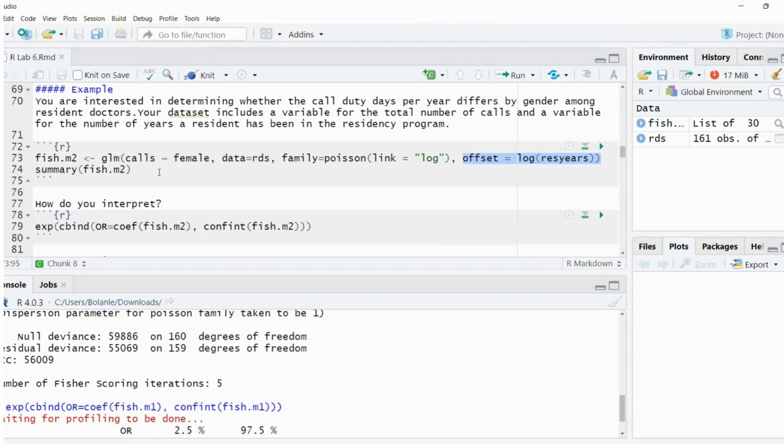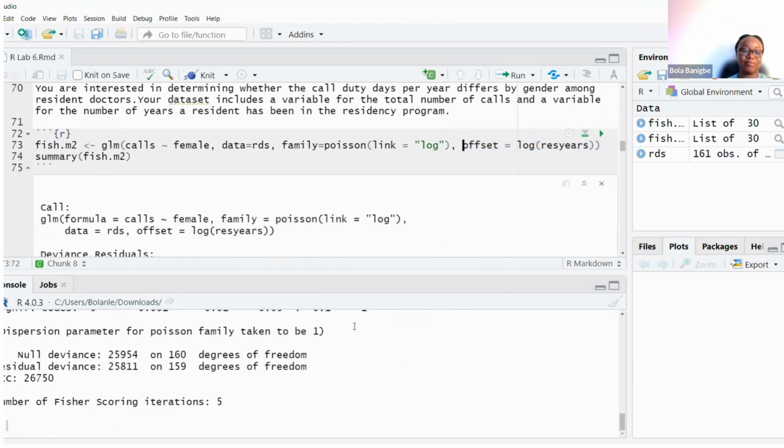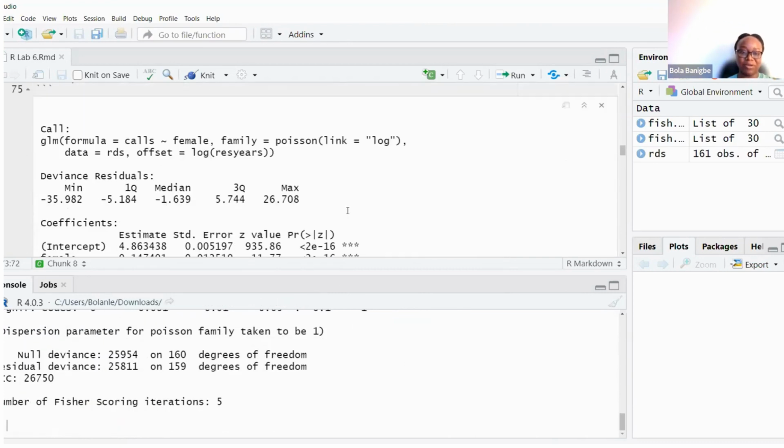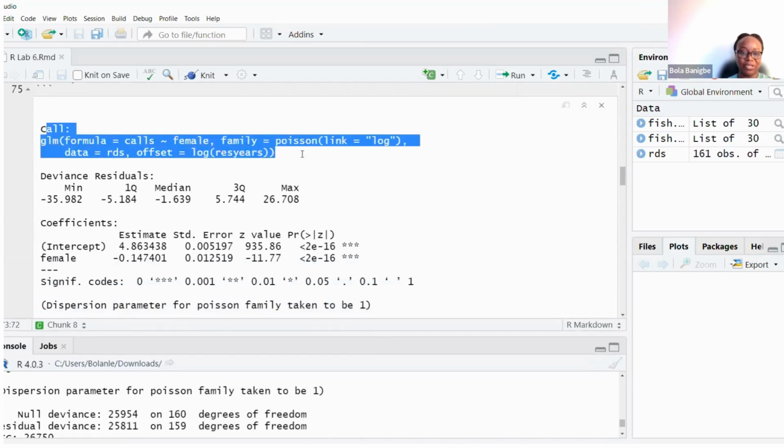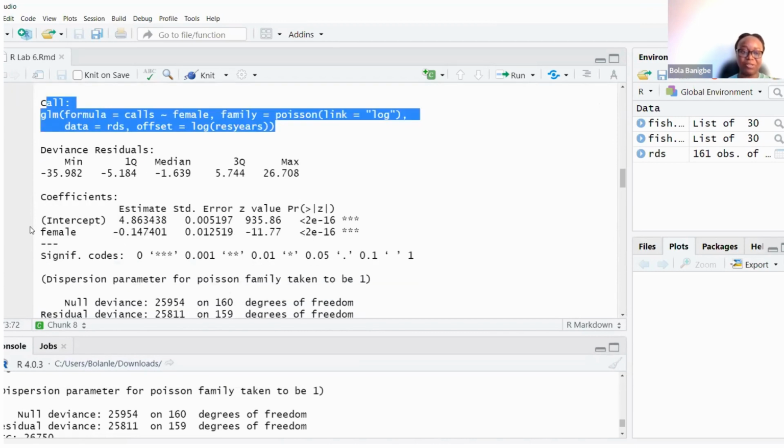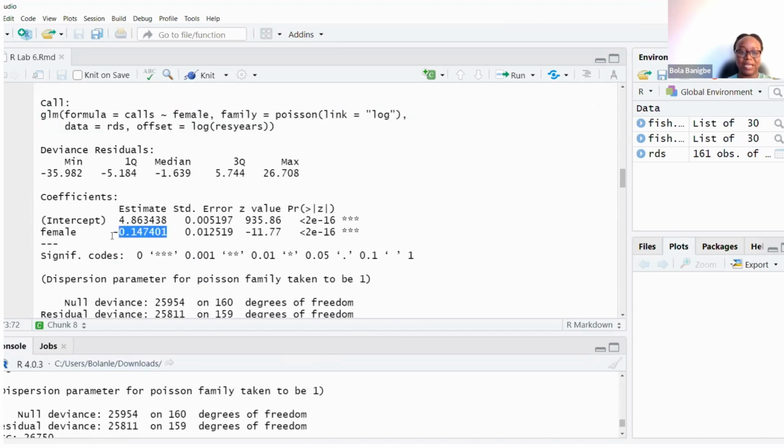Okay, so we're going to run the model now. And this is what we get, right? R will always tell you the formula that you called, what you asked us to do, and then this is the intercept, and this is the estimate of the independent variable.